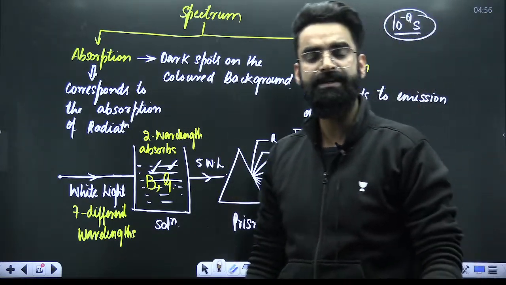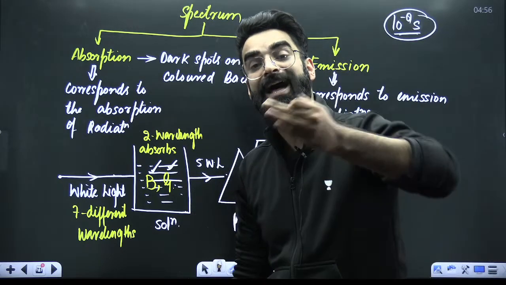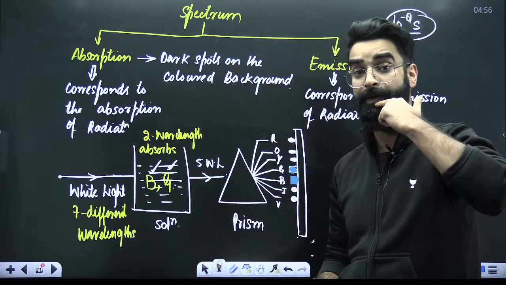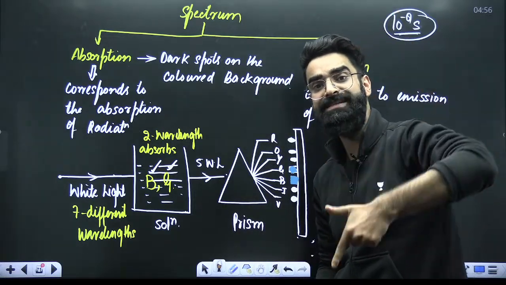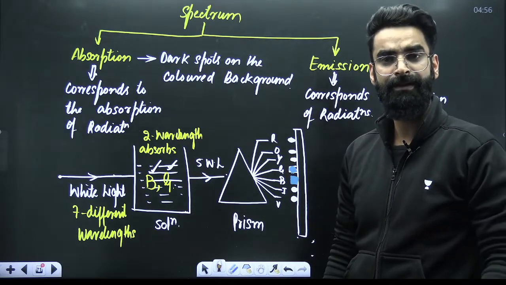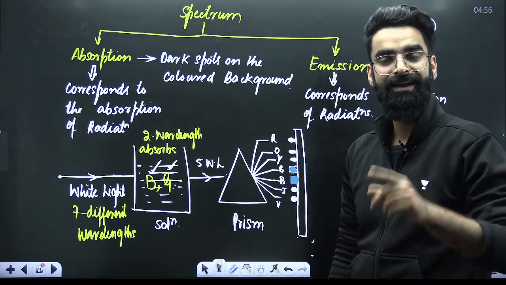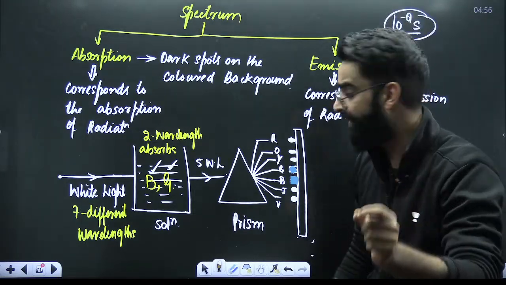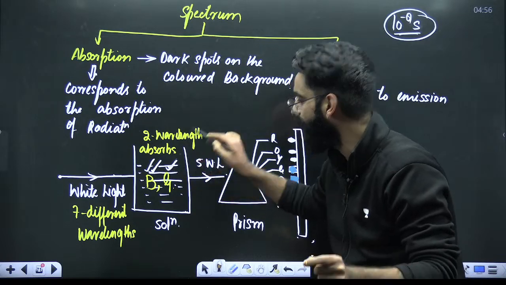Now, my dear students, when the electron makes a transition from the higher energy state to the lower energy state in the excited atom, can I say it's going to emit radiations? Right? It is going to emit the same radiations which it had absorbed over here.